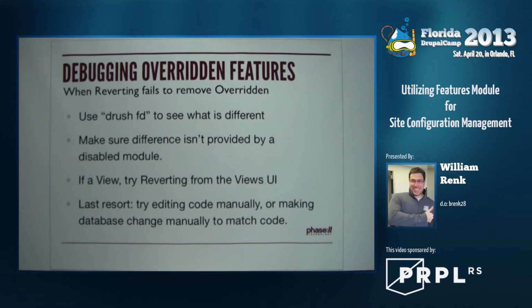If there's a view that's overridden, there's a revert feature in the views UI, so you don't necessarily need to use features in order to revert the view. If you're having trouble figuring out why there's a difference or what the difference is, you can edit features code manually, but unless you're familiar with it, it's probably not a great idea.